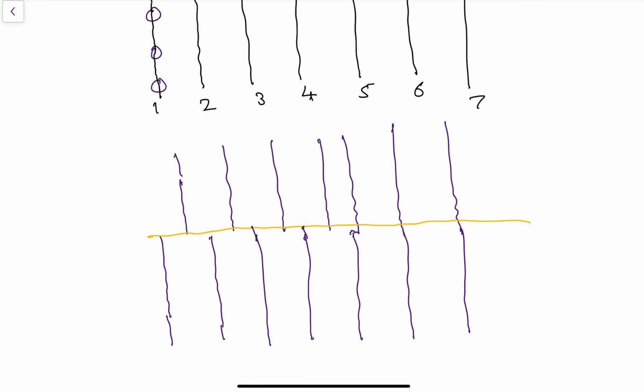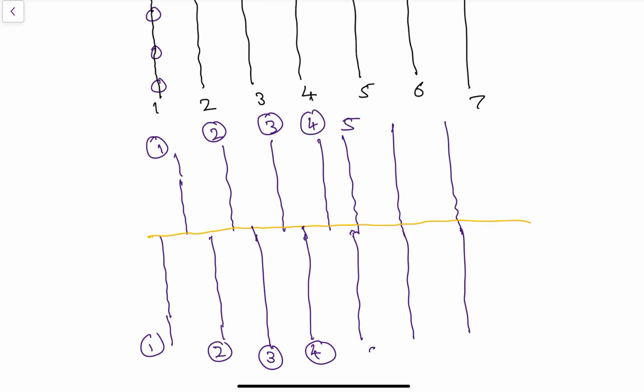Okay. So this will be 1, this will be 1, this will be 2, this will be 2, this is 3, this is 3, this is 4, and this is 4, and this is 5, and this is 5, and this is 6, this is 6, and this is 7, and this is 7.